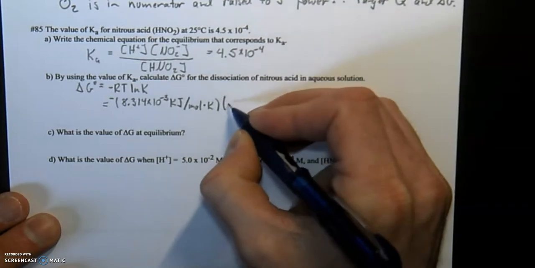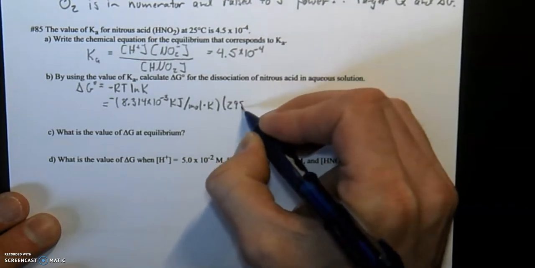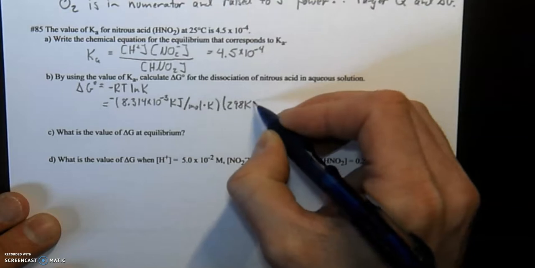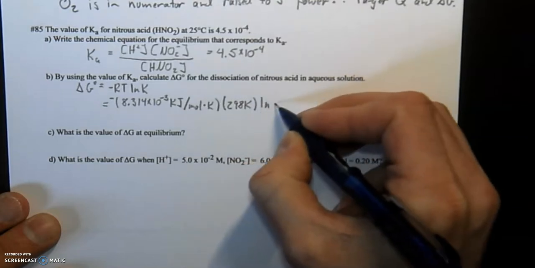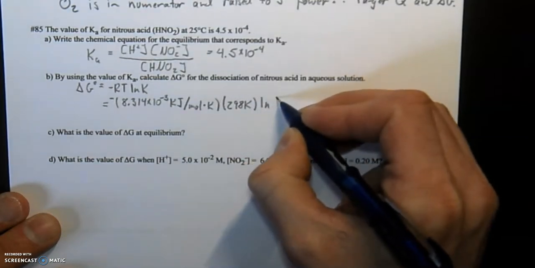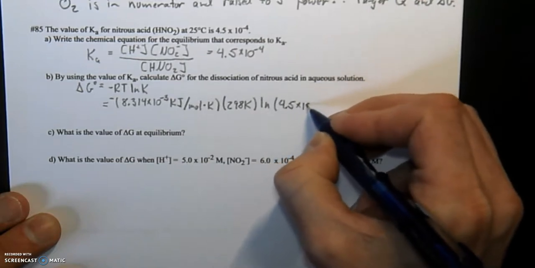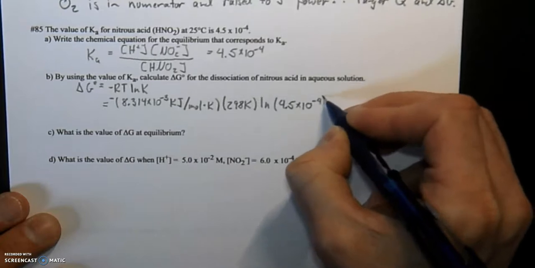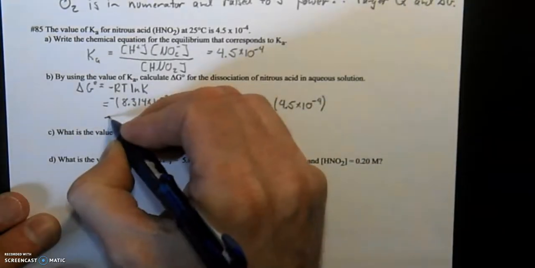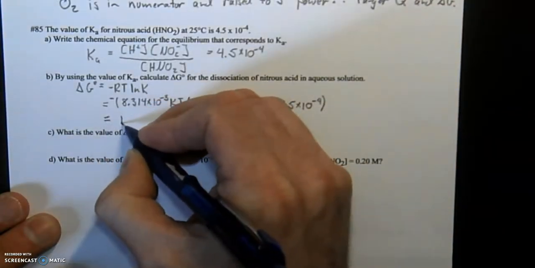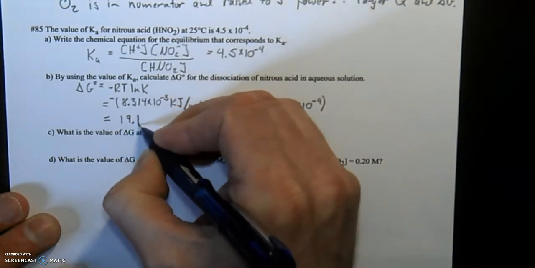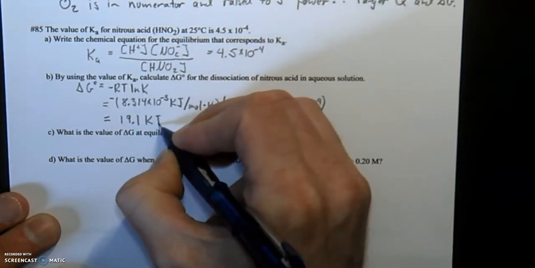And then multiply times the temperature at 298 Kelvin, 25 degrees Celsius, and the natural log of the K value that's given, which is from above, 4.5 times 10 to the negative 4. And if we calculate that out, we should get 19.1 kilojoules.